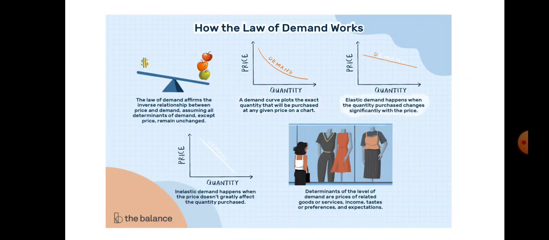The demand curve plots the exact quantity that will be purchased at any given price on a chart. The determinants of the level of demand are prices of related goods or services, income, tastes and preferences, and other factors. So this is called the law of demand.